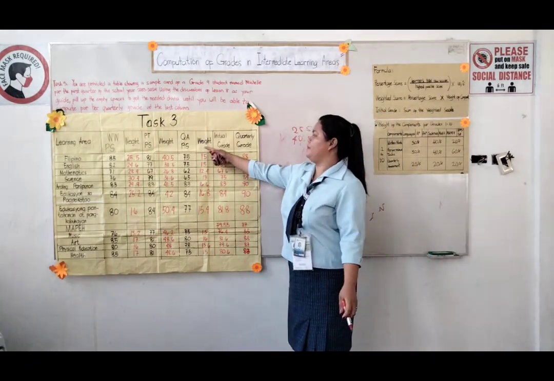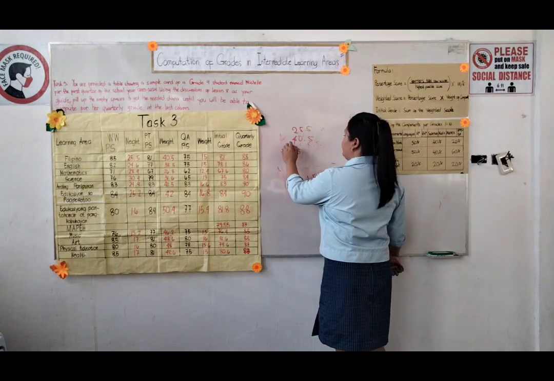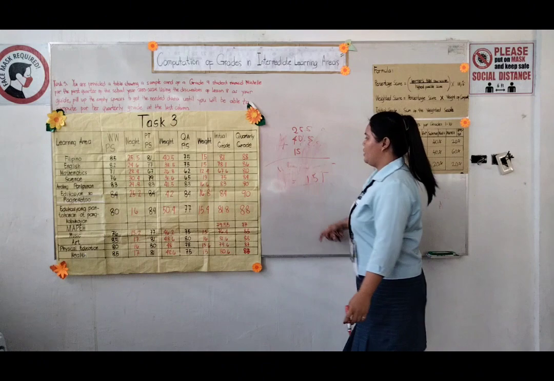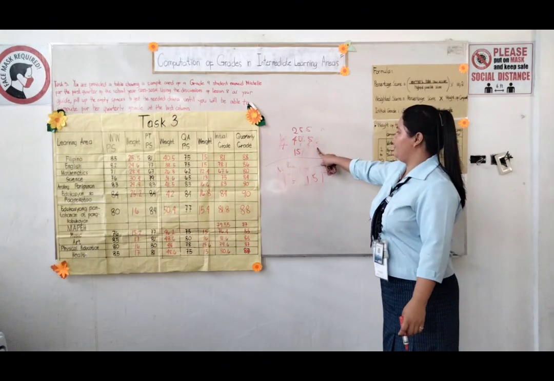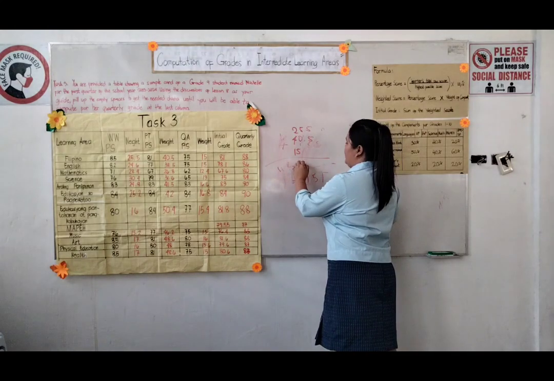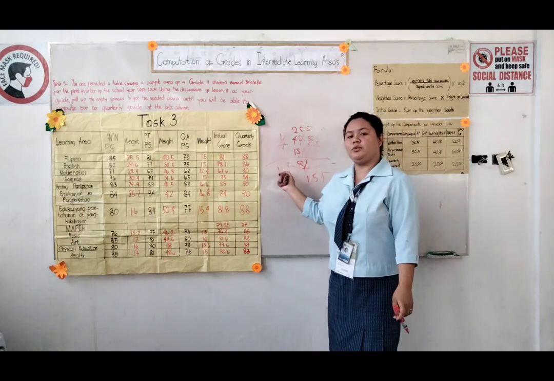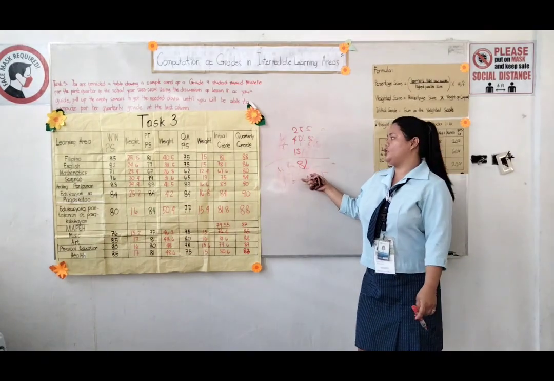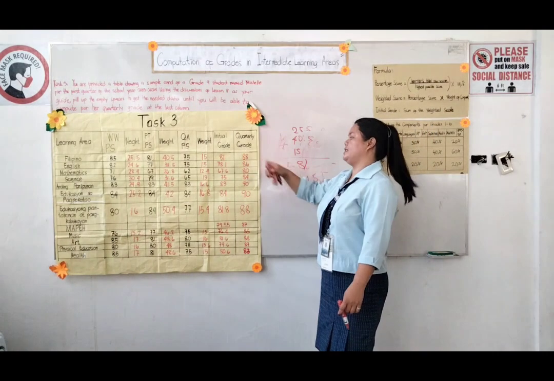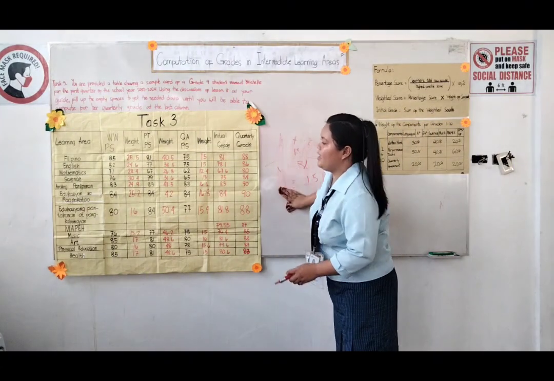In quarterly assessment, the weighted score of Michelle is 15. So we need to add all of these. So the initial grade of Michelle is 81. So 81 in a transmutation table is equivalent to 88%. So next, we have the learning area, English.